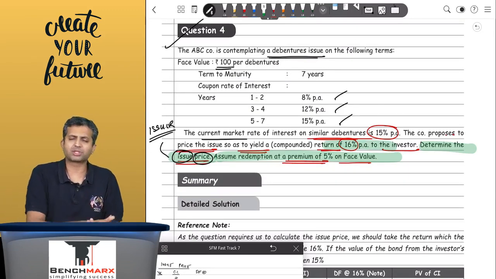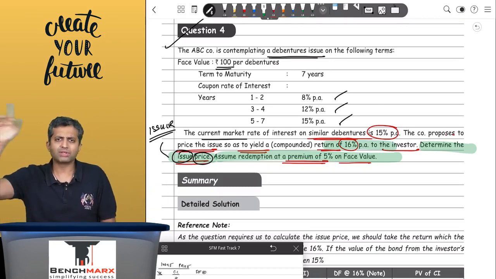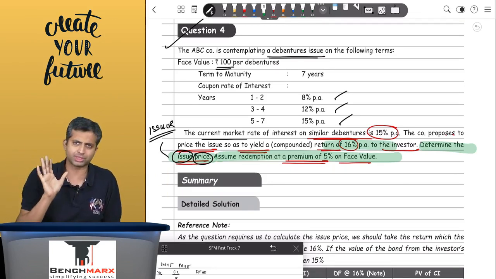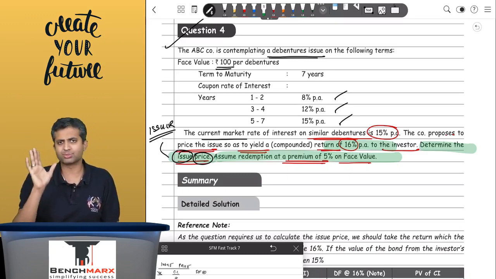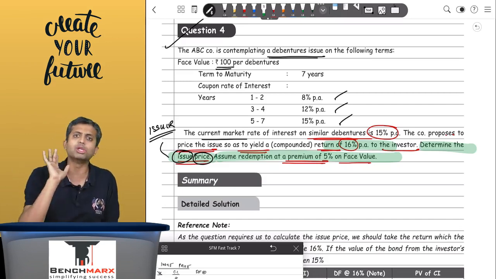Sir, but the investor expects 15. Let the investor expect 15, 14, 12 or even 17. If the company wants to price the issue in such a way that the investor gets a 16% return, then the issue price will be on the basis of 16%. Sir, but the investor will use 15% rate, investor will look at 15. Yes, investor will probably look at 15.